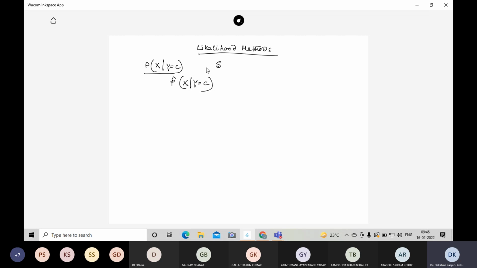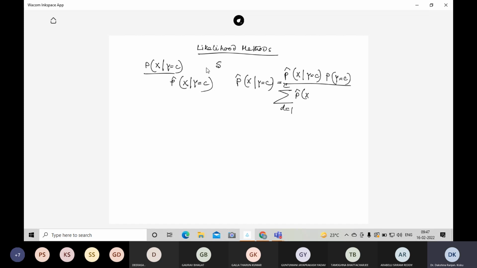So this p cap is the estimate of the likelihood probability of x given y equals c. Okay, so the posterior distribution on the class can be estimated by, so we can write p cap of x given y equals c, multiplied by p of y equals c, and we get the summation over likelihoods and prior probability.